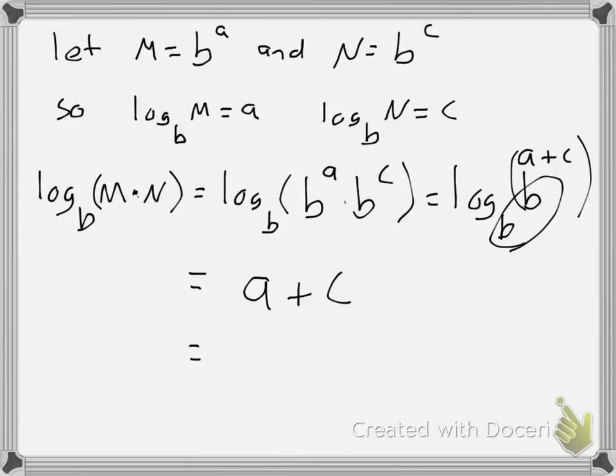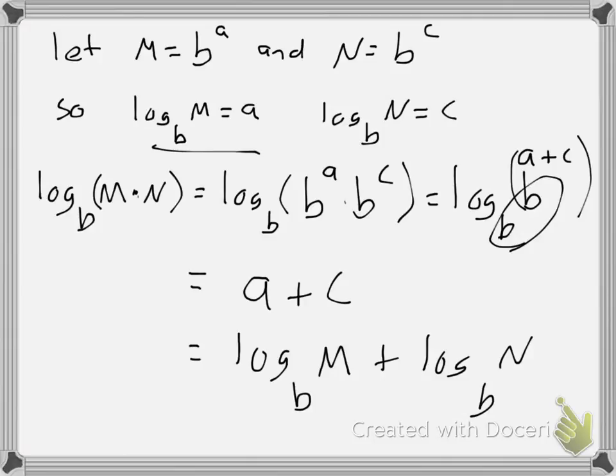And you find out it ends up being log base b of m plus log base b of n. Isn't that the formula? The rule? We just proved it. We just created it.